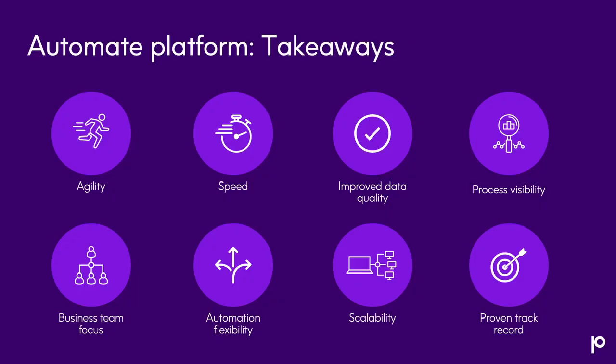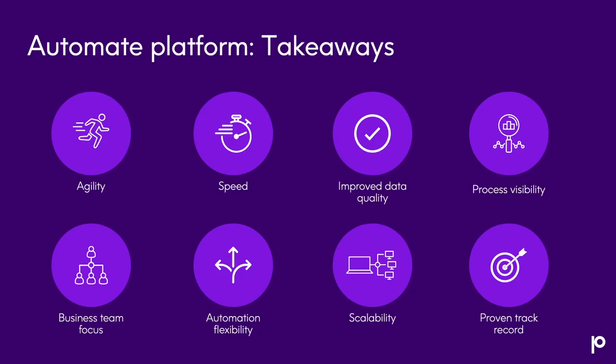We've talked in other situations about speed. So we often see people improving their process speeds by 90%. We've got a number of customers who've cut their time to market for new products by half. So there's a lot of speed that can be gained by automating your SAP in these SAP-centric processes. We talked about ways that you're going to improve your data quality through data validation, through some of those rules improvements, other ways that you're going to be able to drive greater data quality across the board.